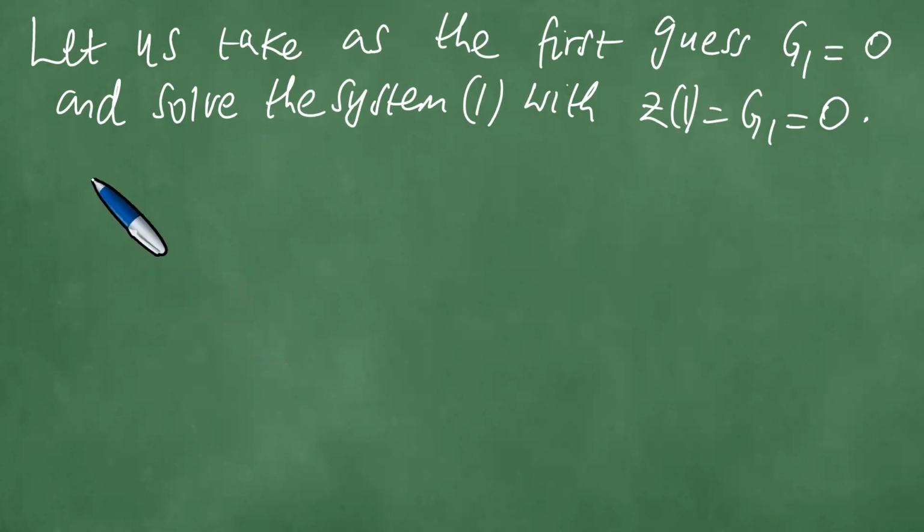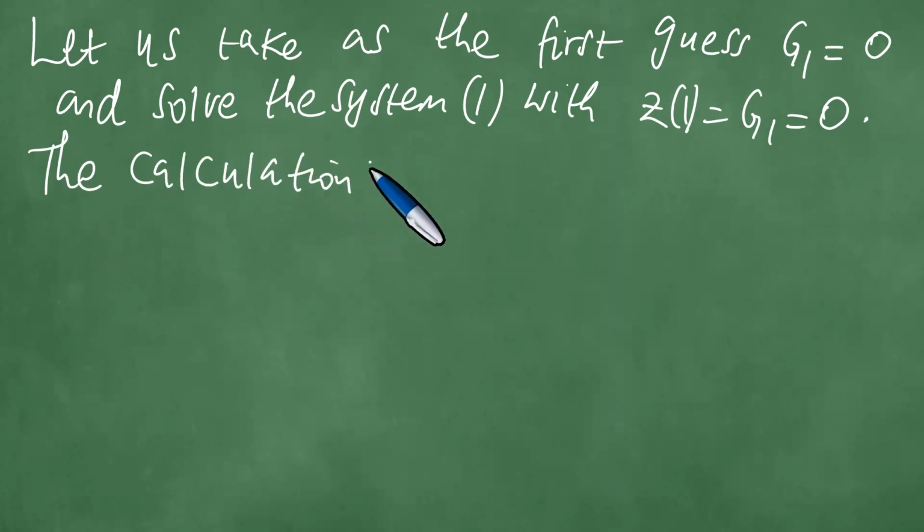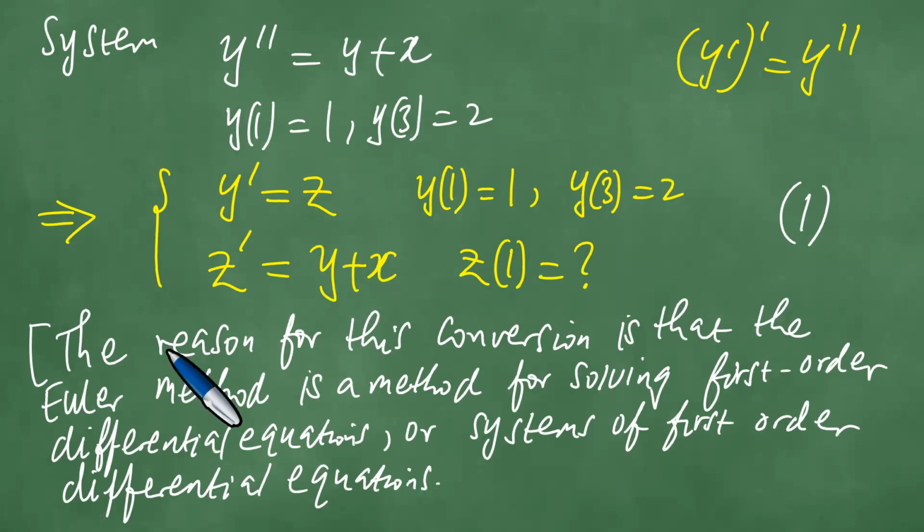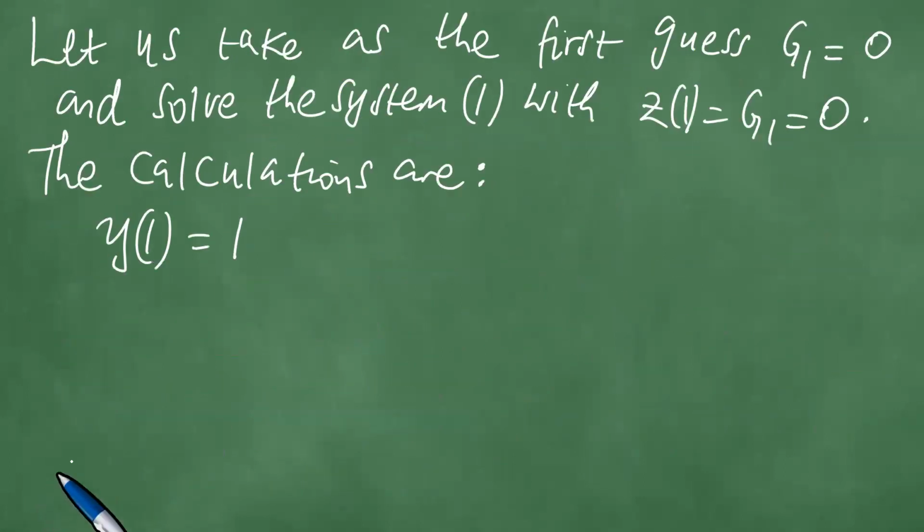So the calculations are: what is y at 1? Y at 1 is 1. And then what is z at 1?